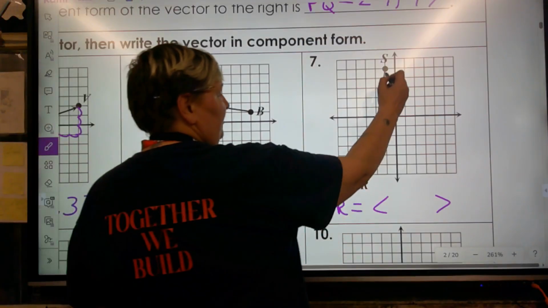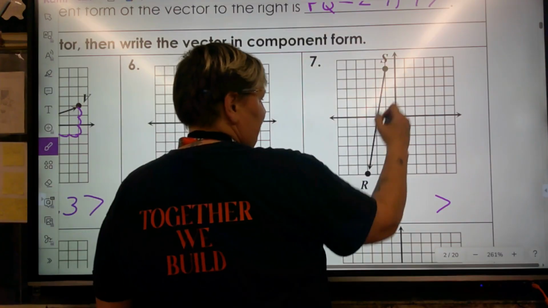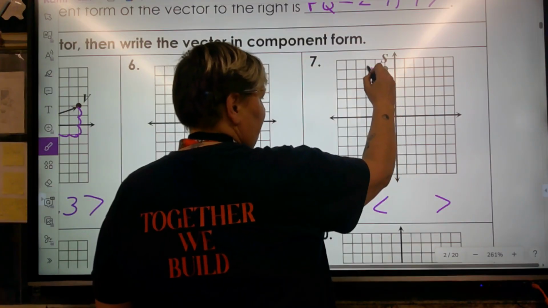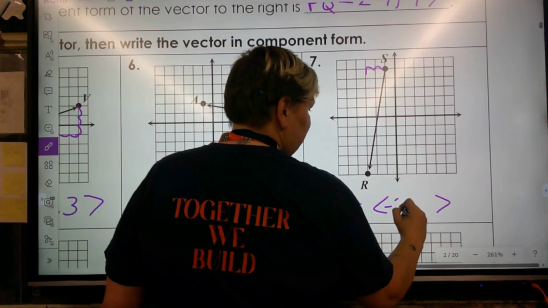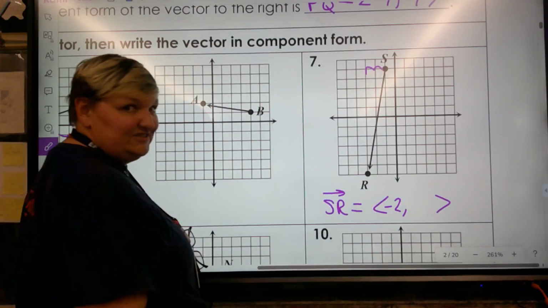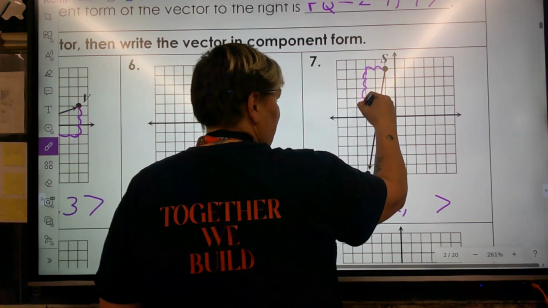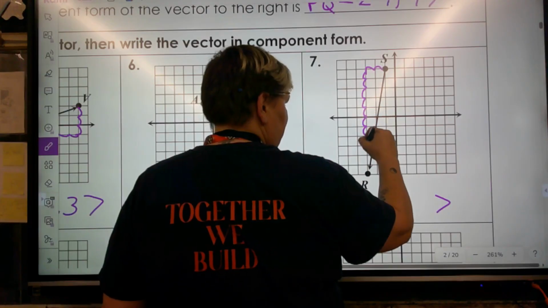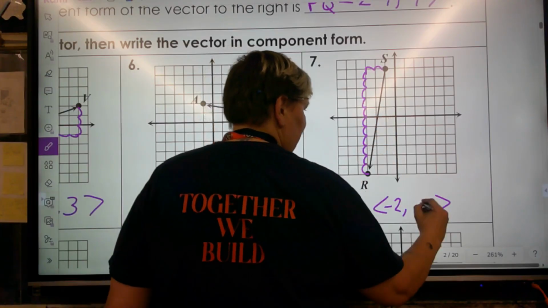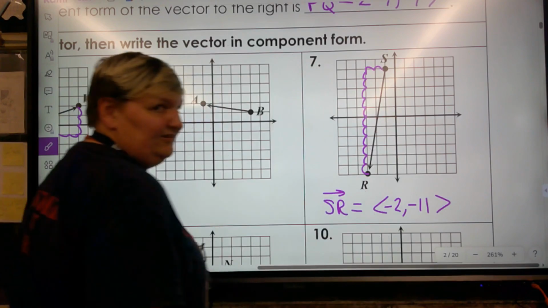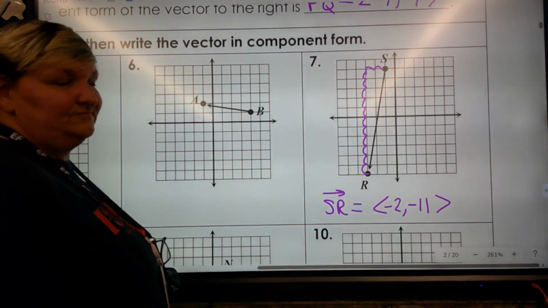All right, I had to go left 2, so it's a negative 2. And I had to go down 1, 2, 3, 4, 5, 6, 7, 8, 9, 10, 11. I went down 11, so it's a negative 11.